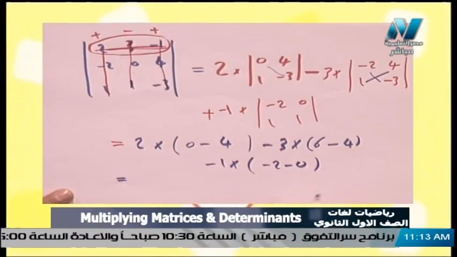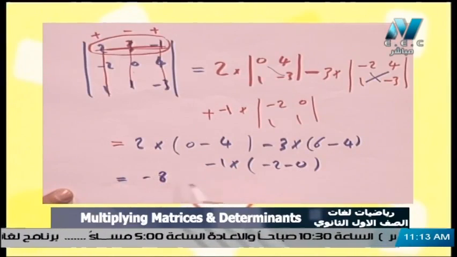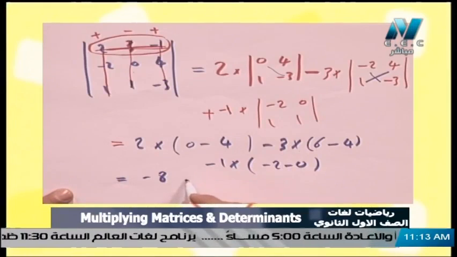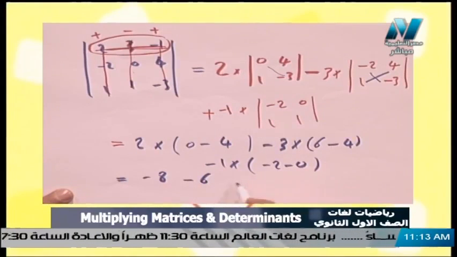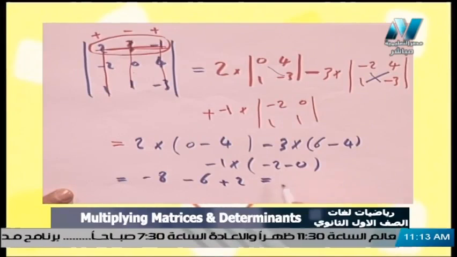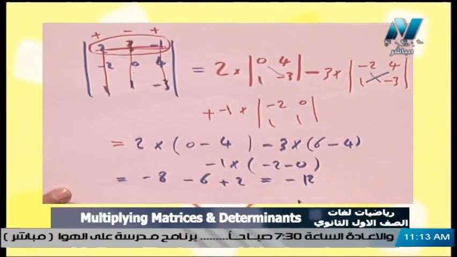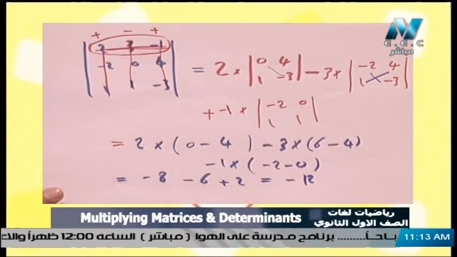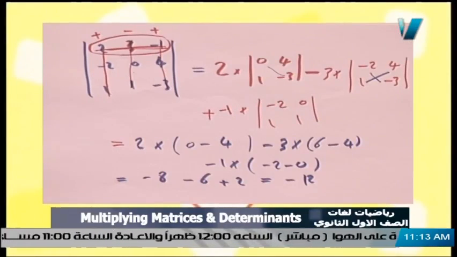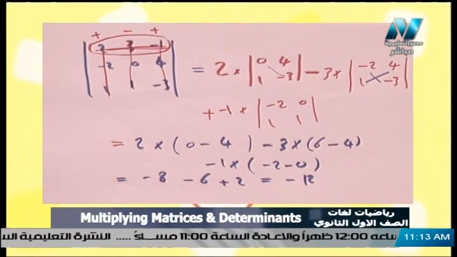So the answer will be negative 8 here and minus 6 plus 2. The final answer will be negative 12. Okay. Let's move to another question.